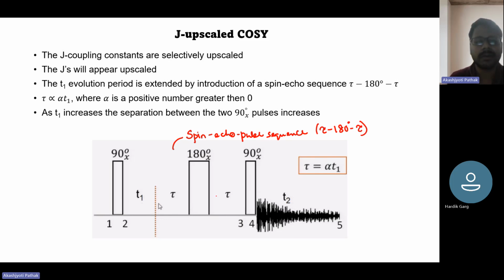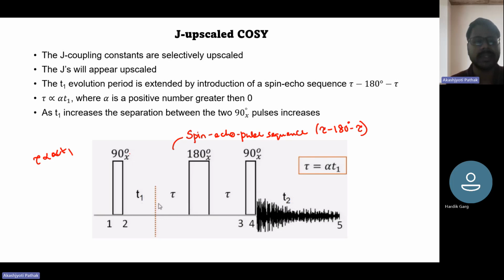So this extra sequence, tau 180 degree tau, is introduced, and what is tau over here? Tau is proportional to alpha T1, where alpha is any positive number greater than 0. So as you increase the time period T1, this alpha T1 will also increase, right?